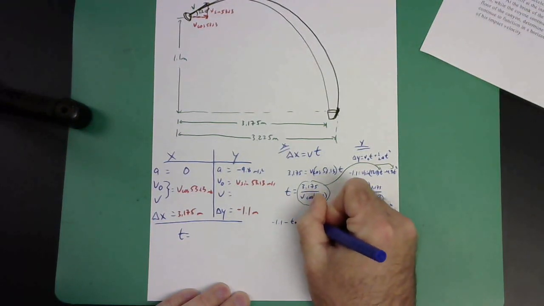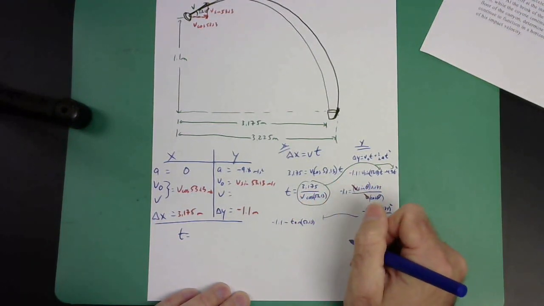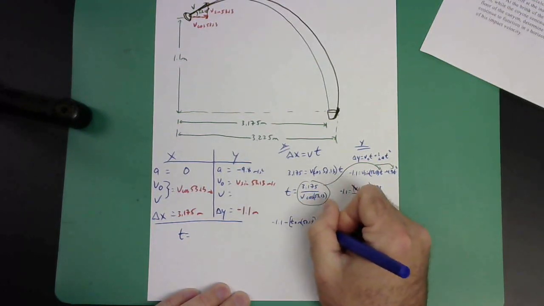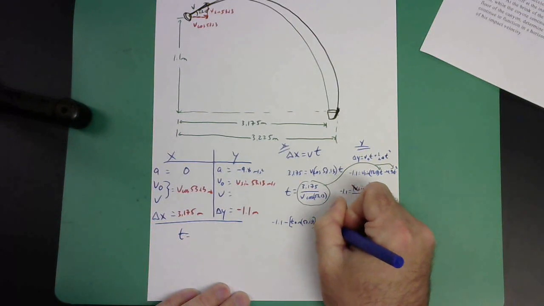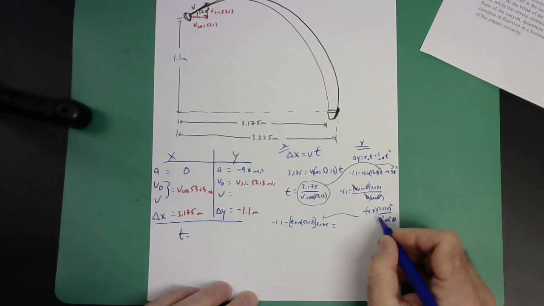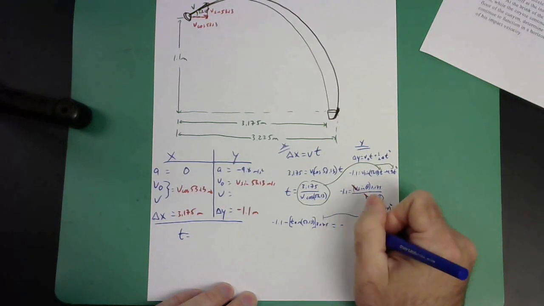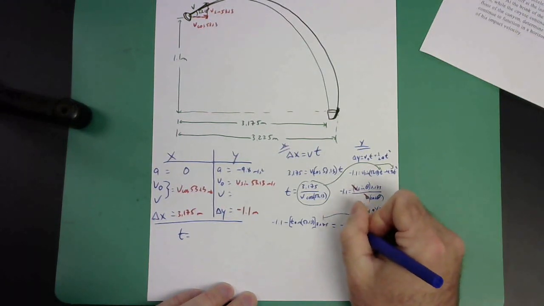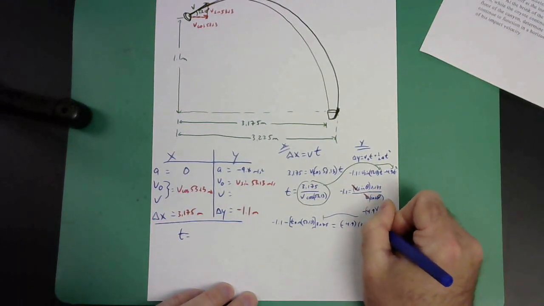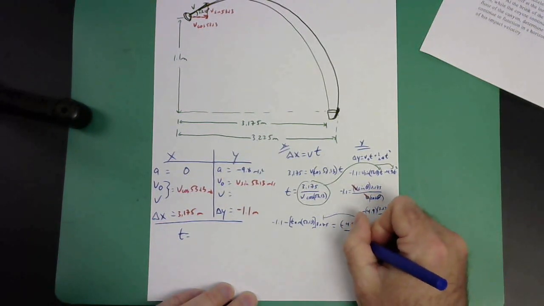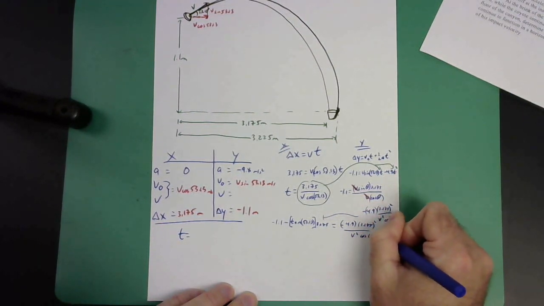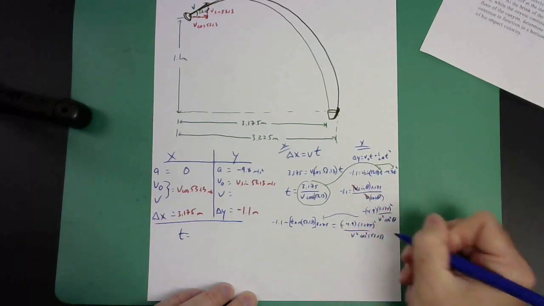I'm even going to put the number in, tangent 53.13 times 3.175, right? Okay, that's what's on one side. On the other side of the equation, I have this mess: negative 4.9 times 3.175 squared over v squared cosine 53.13 squared.